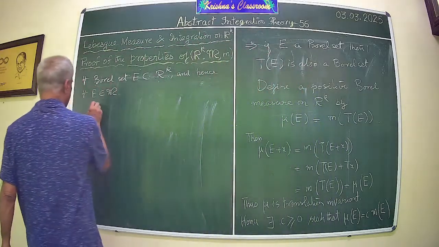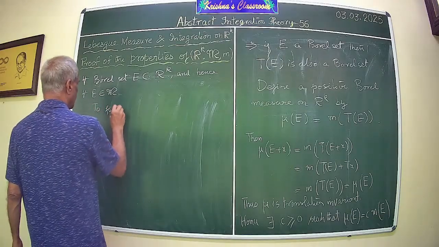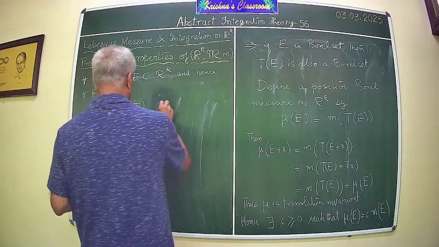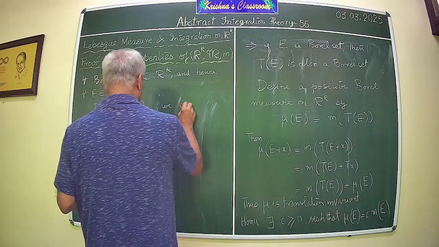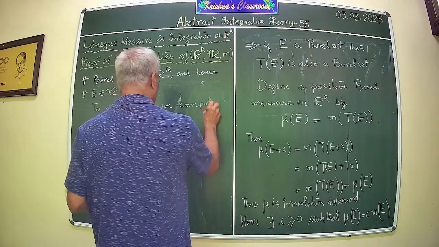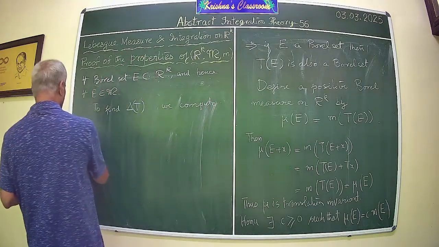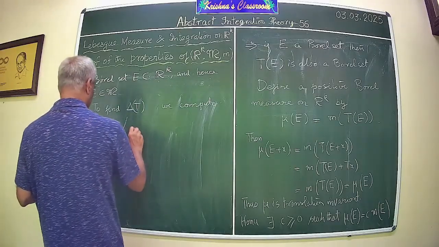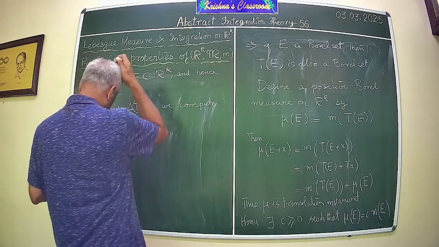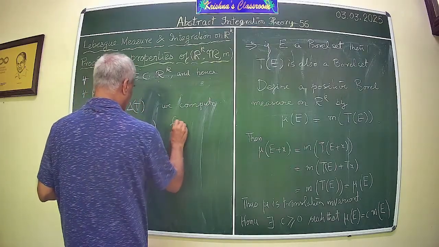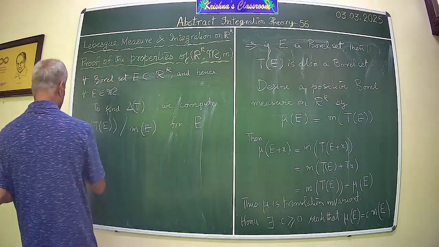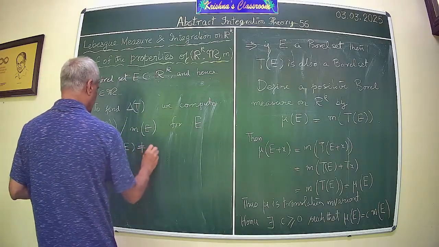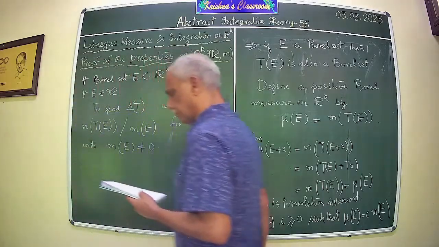Now, to find delta T, what we do is we compute the ratio of the measure of T of E to the measure of E, for E with measure not equal to 0, then this is well defined.